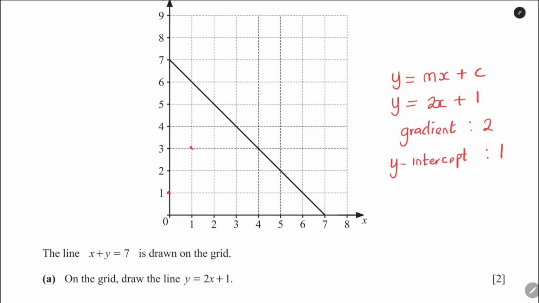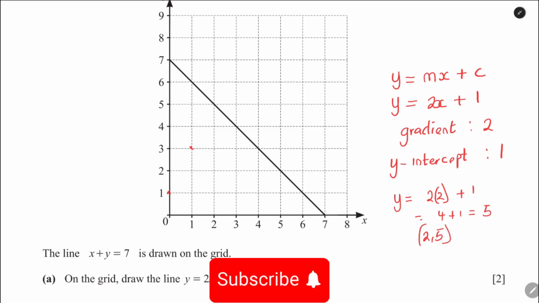So 2 options. You either pick a value of x and say, when x is 2, what is y? If I plug that in here, y will be 2 times 2 plus 1, which is 4 plus 1, which is 5. So I need a point that has the coordinates (2, 5). If I plot that, you see it's still aligning with the original 2 points I had. So you could do either of the above.